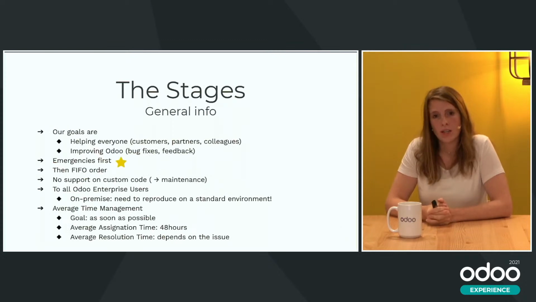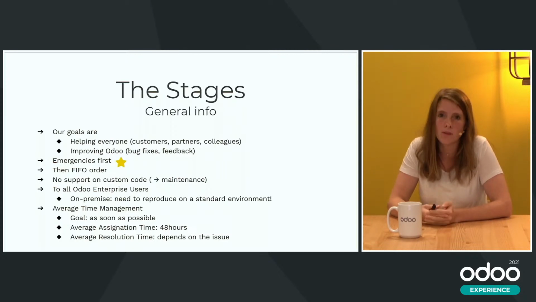So we have different stages, and first, before going into details with the stages, you need to know that all the teams are there to help you. So if we ask questions, if we are a bit annoying with all our replies, it's just because we need to understand what's going on with your problem, we really need to reproduce your problem.